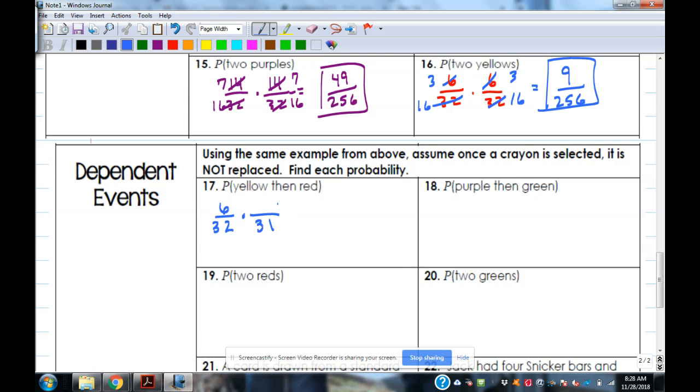How many reds were there? 8. So it's 8 out of 31 for the probability of a red after we pulled the yellow out and didn't put it back. Okay, reduce. That'd be 3, 16, 1, 2. So 3 out of 62.